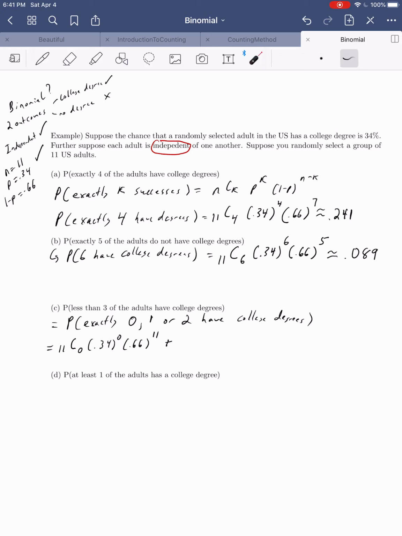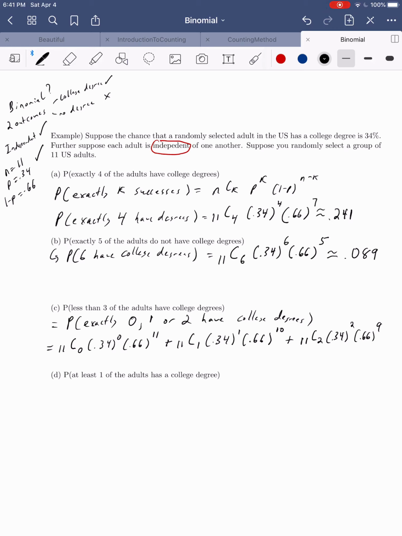Because we've got that or, because it could be this or this or this. Then we've got to do 1 person having a college degree. 11C1 and then 0.34 to the 1, 0.66 to the 10. So this is 1 of them having a degree and 10 of them not. And then finally plus 11C2, 0.34 to the 2, 0.66 to the 9. This is 2 of them having the degree and 9 of them not. We'll do each of these individually and then add them up.